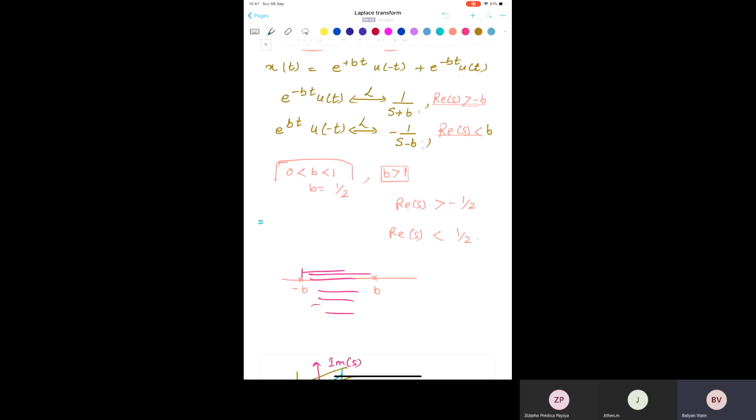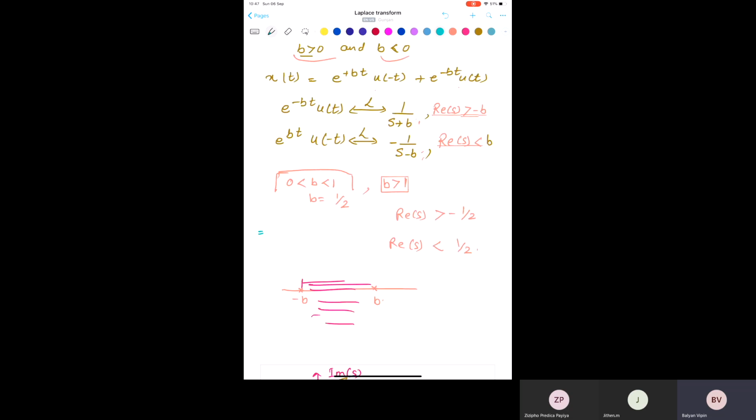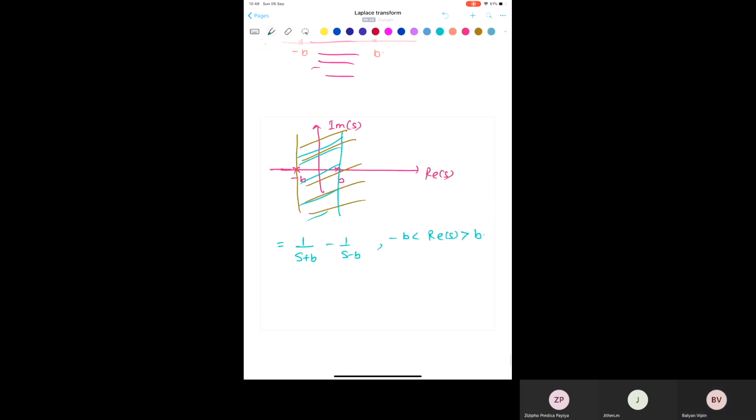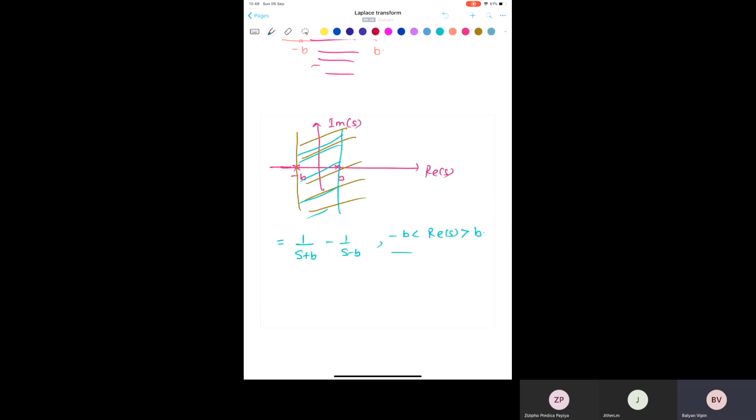Now if I elaborate it further, if b is greater than 1 also, b greater than 1 means it has a value 2, 3, 4, whatever. Again, it will be of this form. So there is no change.